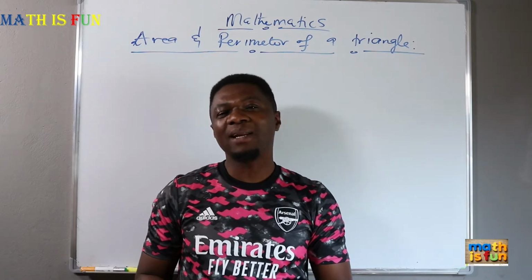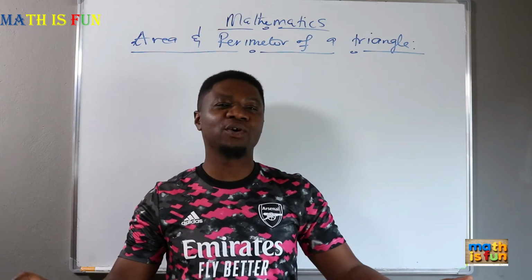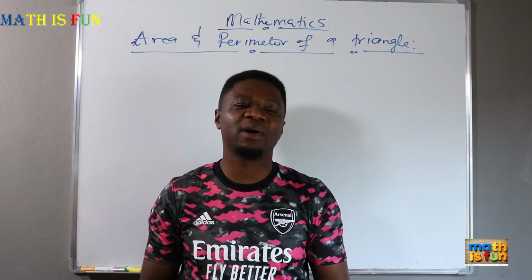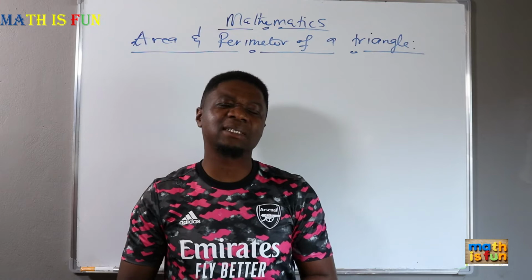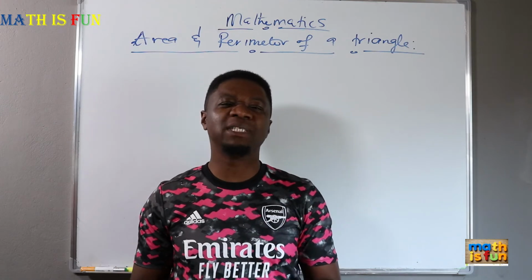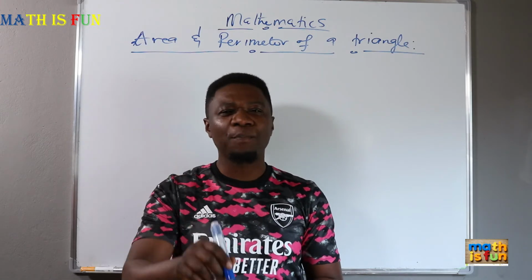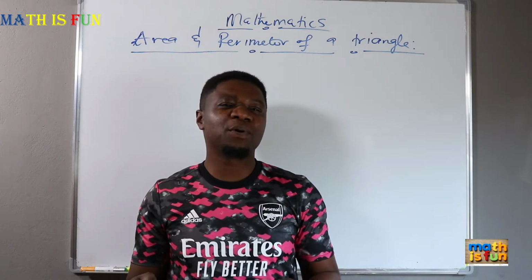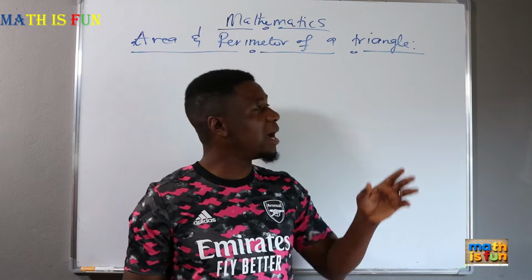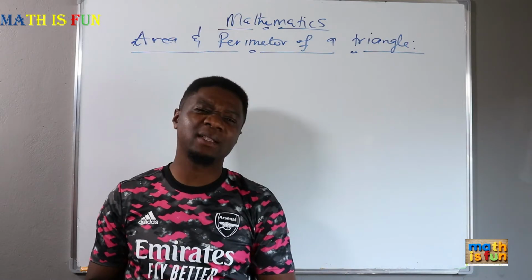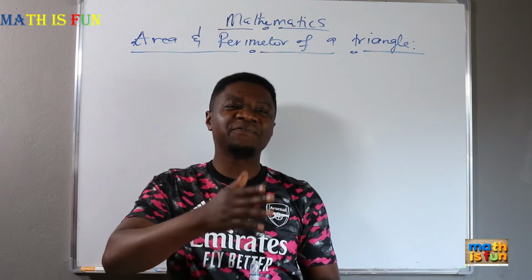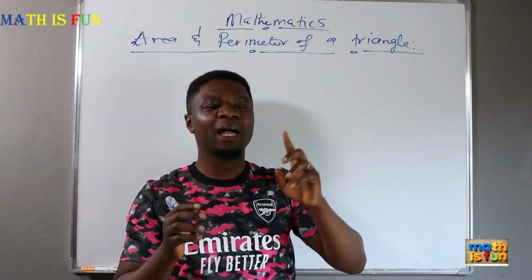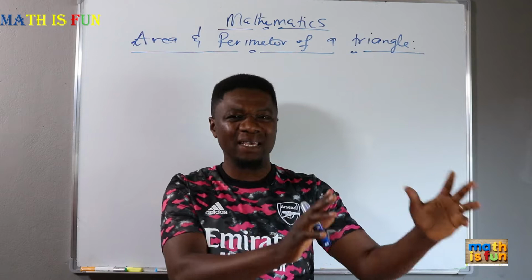A triangle as a regular polygon has got three sides. I believe that last time you dealt with the properties of 2D shapes. So among the properties of 2D shapes, sticking with triangles, it talks of different triangles, and we can categorize them by looking at the angles.